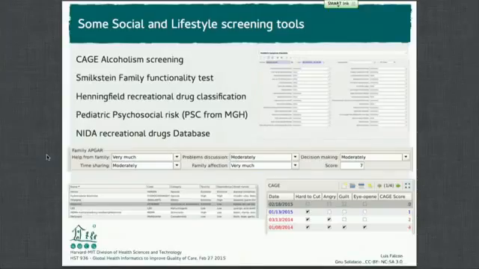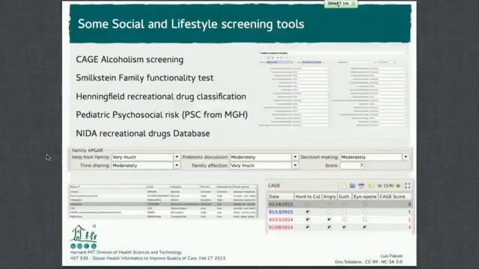Other things that we try to do is give screening tools and scores to the health professional to make things easier for them. So here, for example, we have the CAGE alcoholism score, and you will have the progression on that specific addiction for that person. You have an IDA database for drugs. You have the family APGAR functionality test that we talked about before. And the idea is to make things easier.